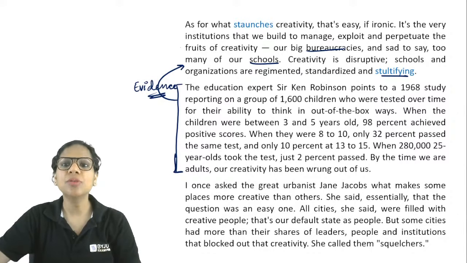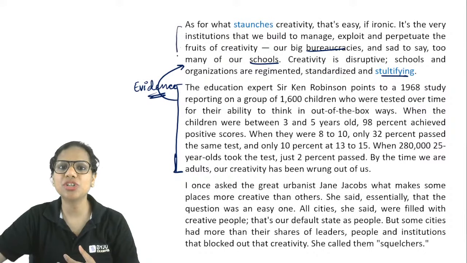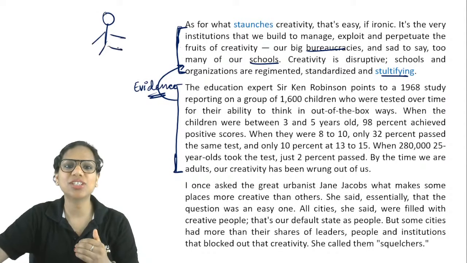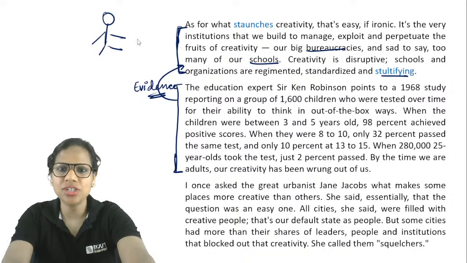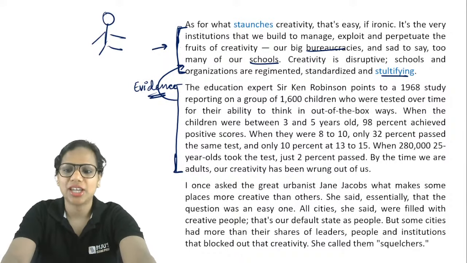That is why it's a structure question, because the whole function of this paragraph is to give evidence of something that was mentioned in a previous paragraph. It is related structurally. It is contributing to the skeleton of this passage. That's why it's a logical structure question. This is evidence of an assertion that has been made in the previous paragraph.